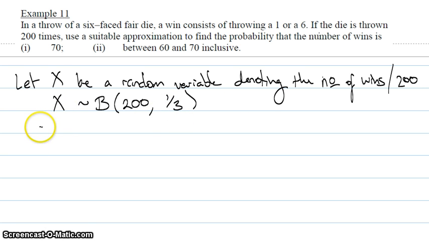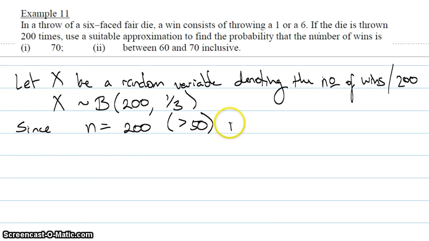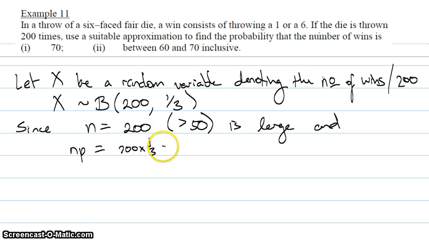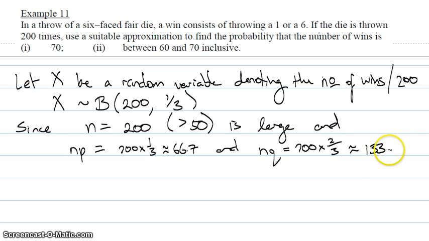So I can say this is approximately, well, since n equals 200, which is bigger than 50, is large, and np, which is equal to 200 times a third, which is approximately 66.7, and nq, which is 200 times 2/3, which is approximately 133, are both bigger than 5.